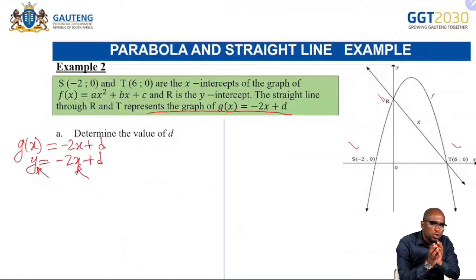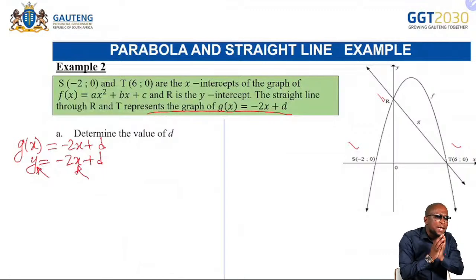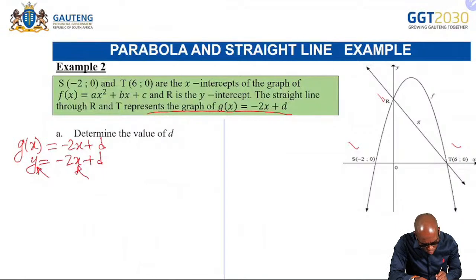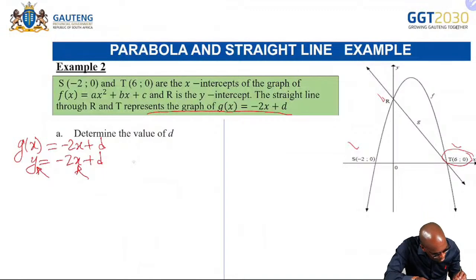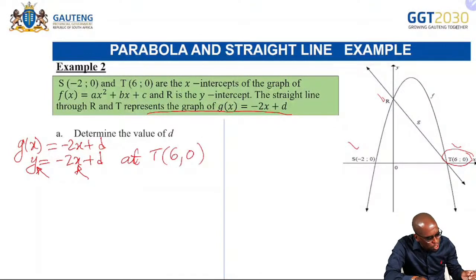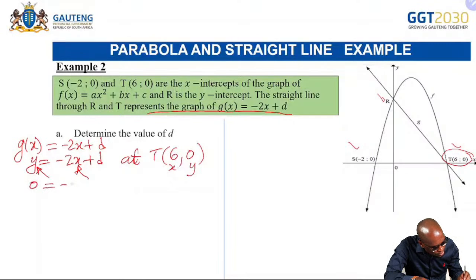So now I'm going to check whether on my straight line I have a point that is given. There is one point that is given, point T, which is a common point on the straight line as well as the parabola. So I can use that point to find the value of d. At point T, 6, 0, so now x is 6, y is 0.